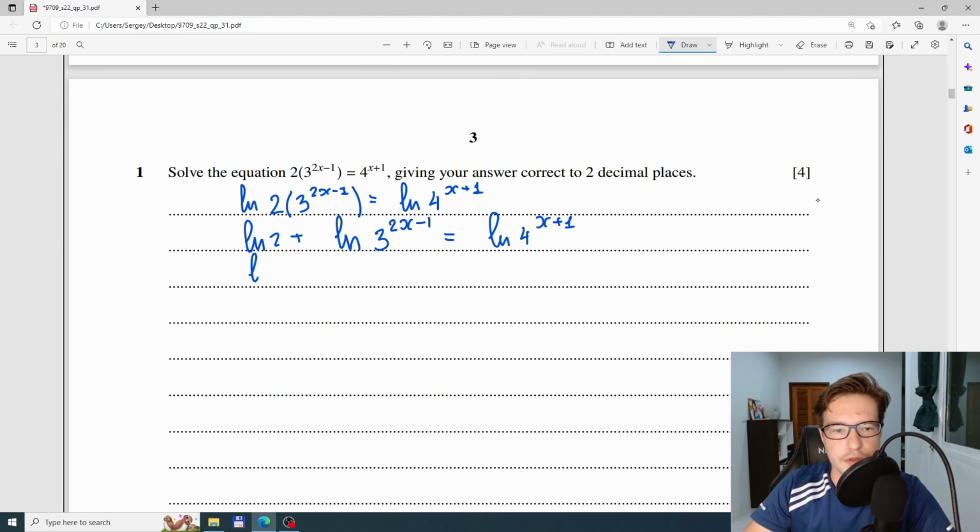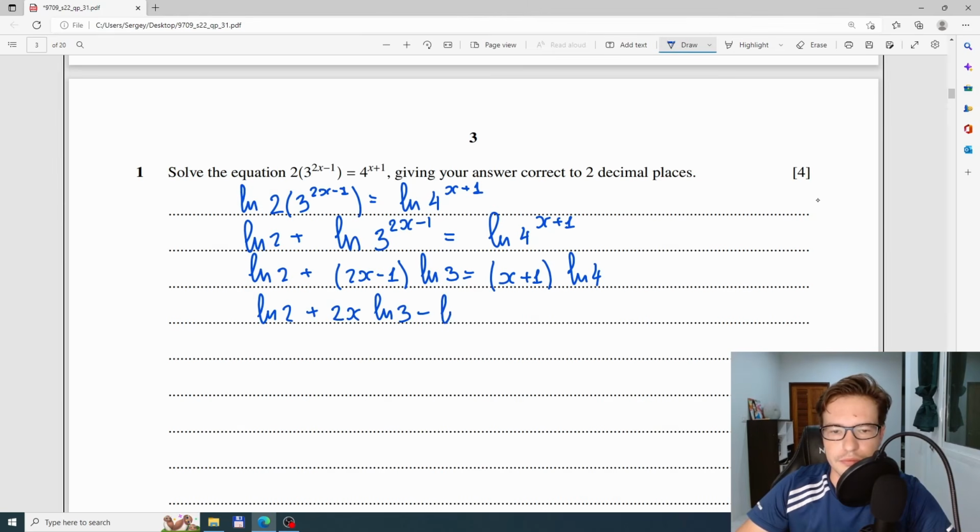And then again, using laws of logs, I can move the power in front of the log. Next, I will expand the brackets. And then I will collect all terms with x on the left side and everything else on the right side.